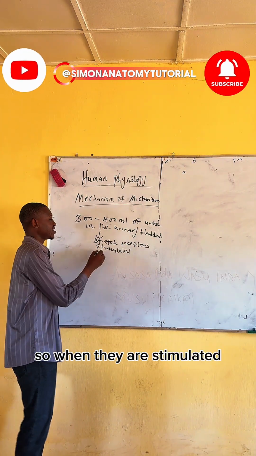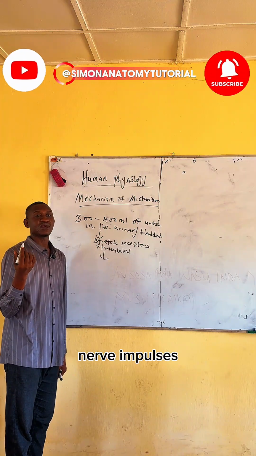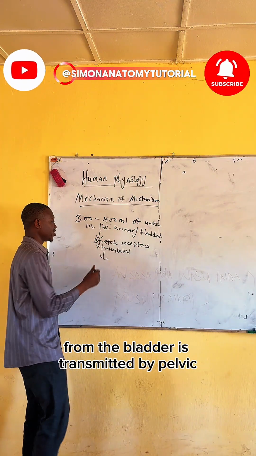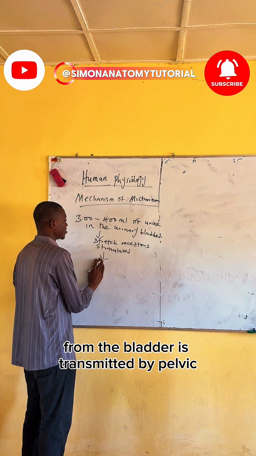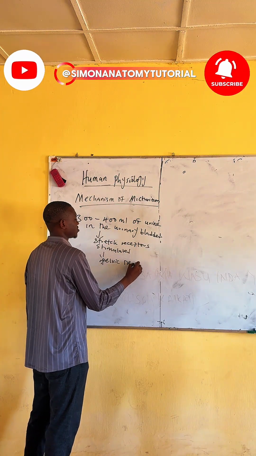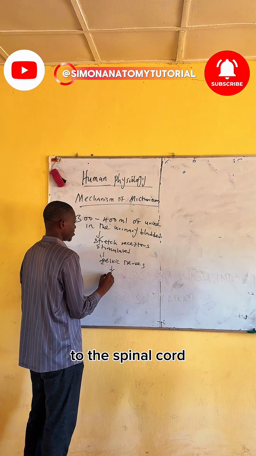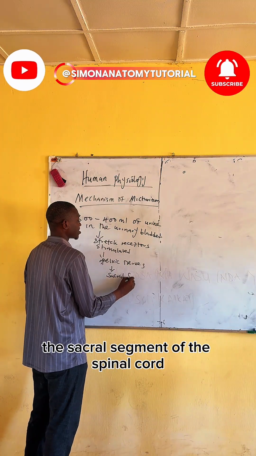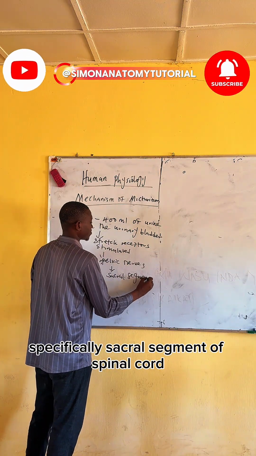When they are stimulated, nerve impulses from the bladder are transmitted by pelvic nerves to the spinal cord, the sacral segment of the spinal cord specifically.